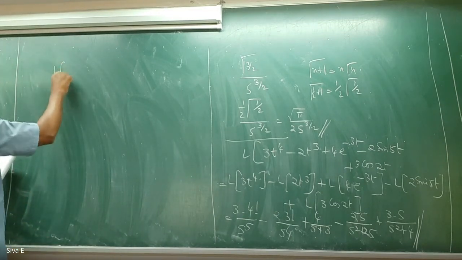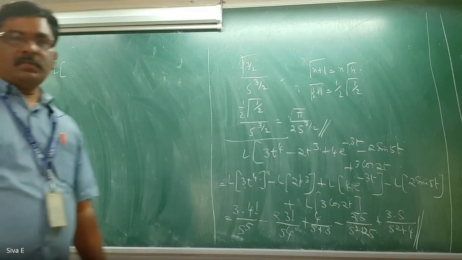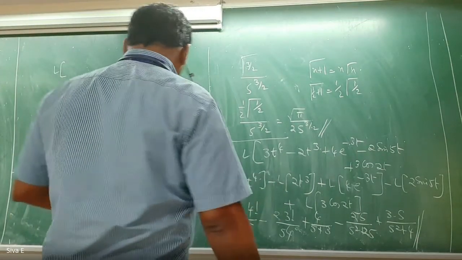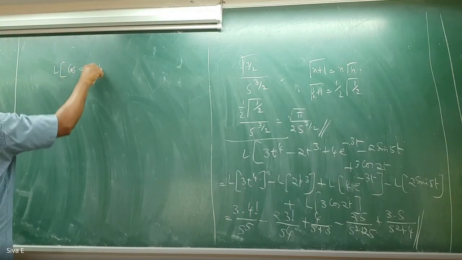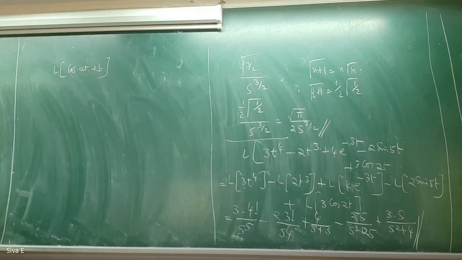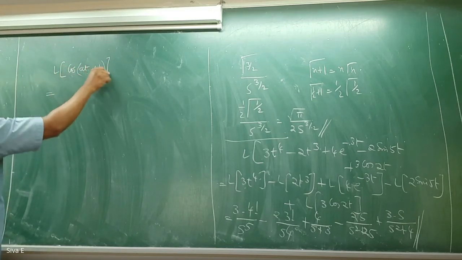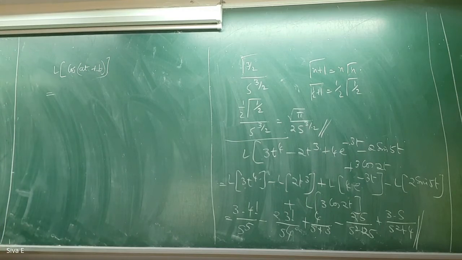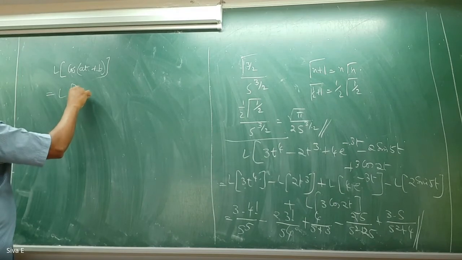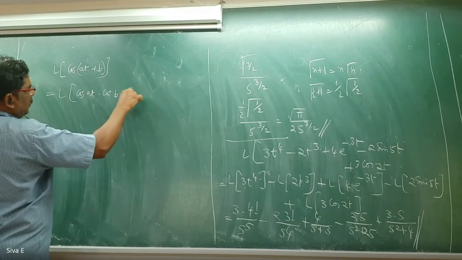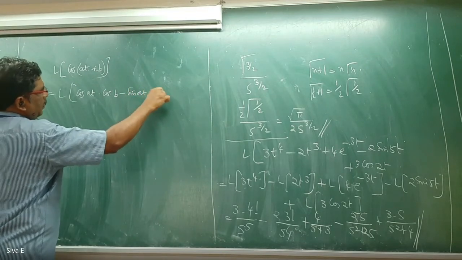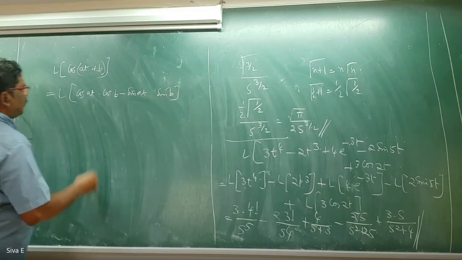Find the Laplace transform of cos(at plus b). How can we do that? Cos(at plus b) is cos at cos b minus sin at sin b.